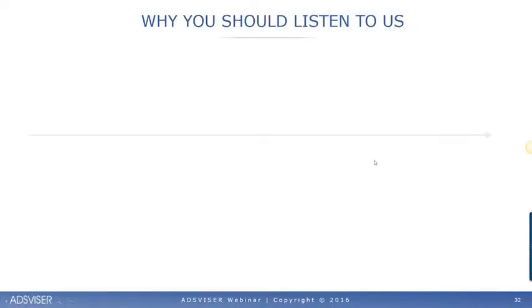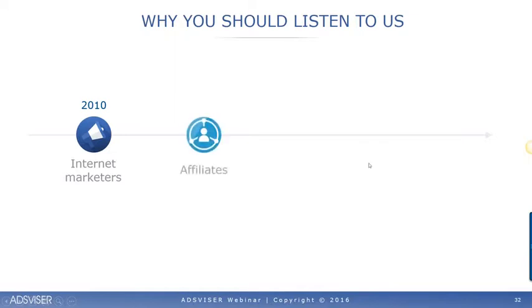I am quickly going to go through what Oliver and the team have achieved in the last few years. If you give me permission: in 2010, we all started as internet marketers. We got online and wanted to help businesses run their businesses and create perfect ad campaigns. We went on to become affiliate marketers, and I'm going to show you a screenshot of the revenue that earned us.